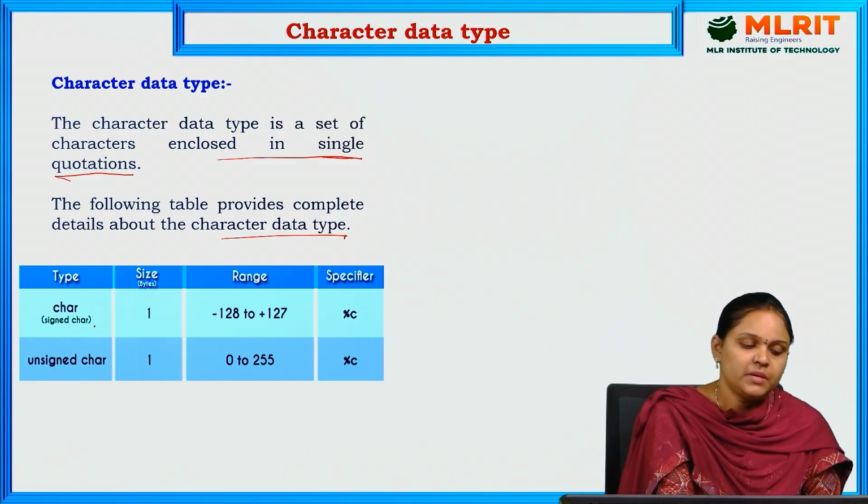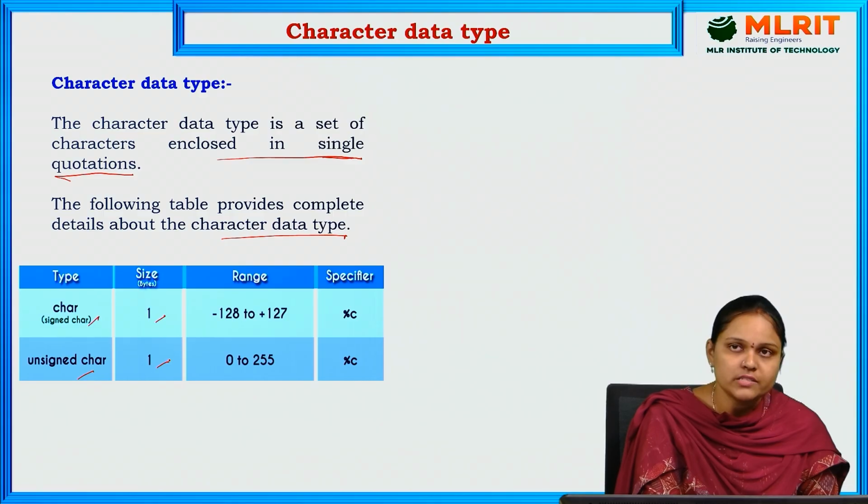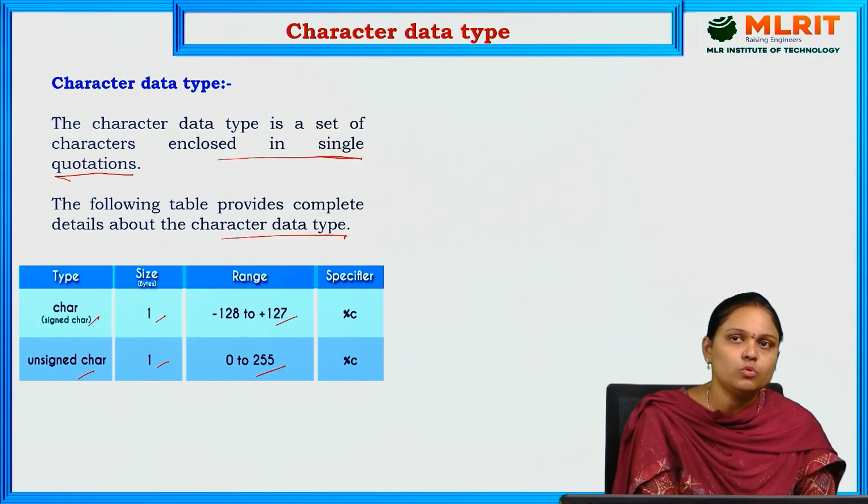The data types are char and unsigned char. The size is 1 byte for both signed and unsigned char. The range for char is minus 128 to plus 127, and the range for unsigned char is 0 to 255. As we discussed, unsigned char contains only positive values. The format specifier we use is %c for both unsigned char and char.